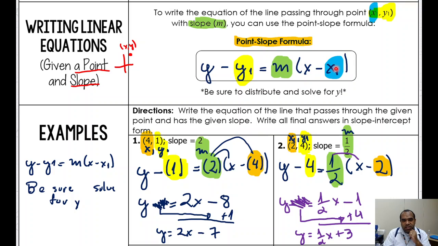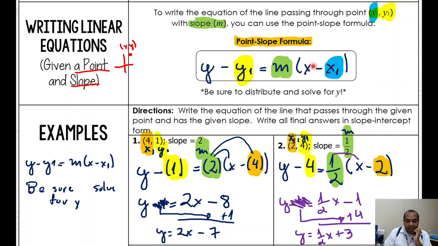I can change them. And after I change the numbers, I just move and remember to solve for y. Solve for y, because we need our equation. We need to solve it to have the correct slope intercept form after.